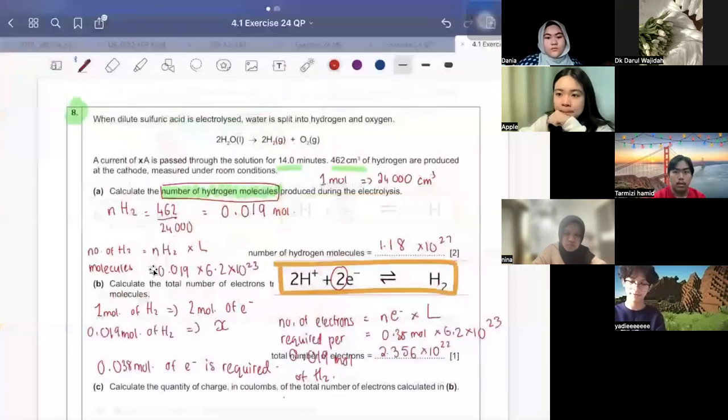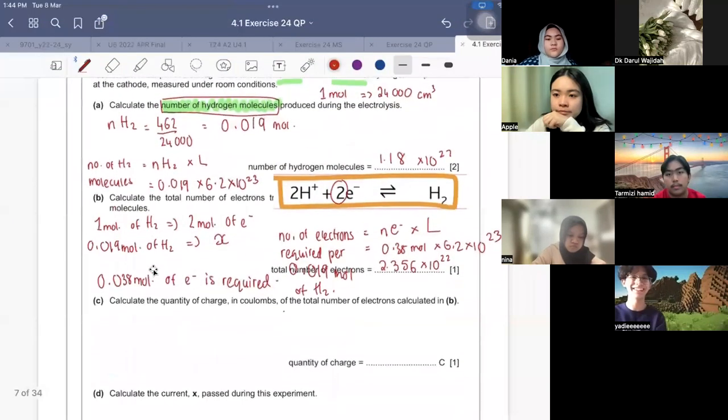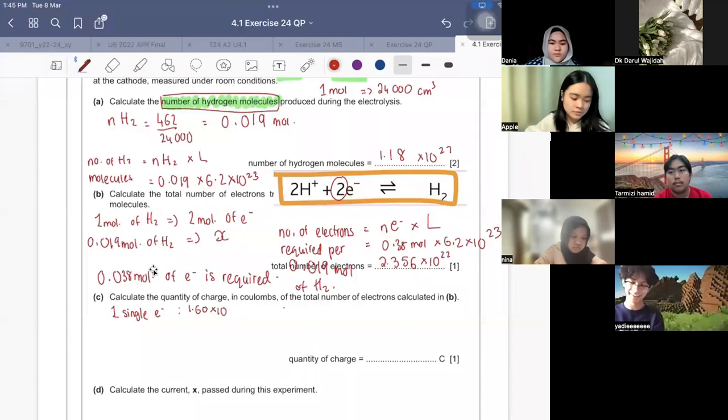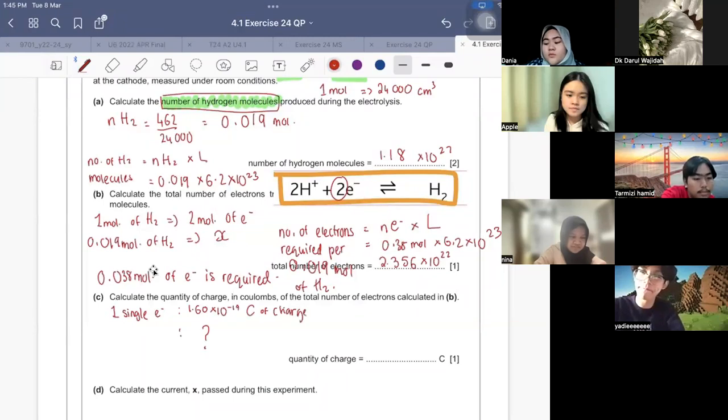Okay, if one single electron has a charge of 1.60 times 10 to the power of minus 19 coulombs, what is the charge when we have 2.356 times 10 to the power of 22 electrons?